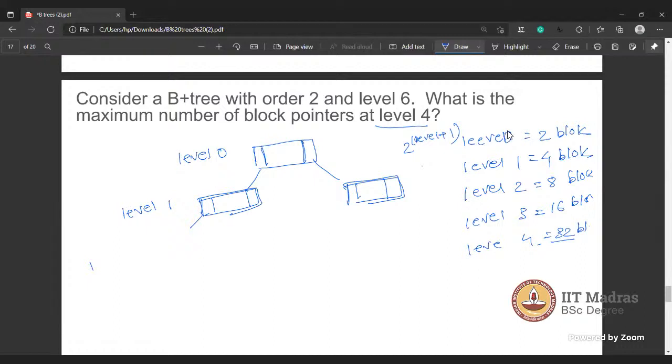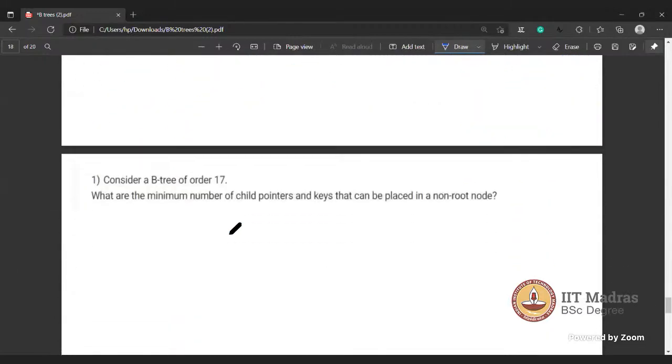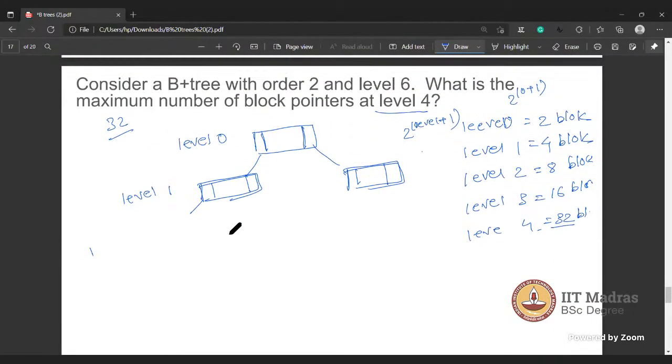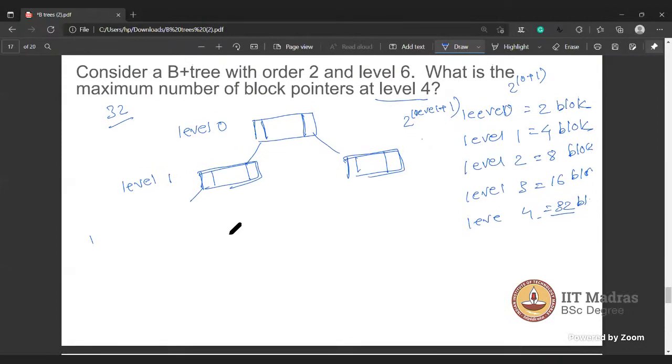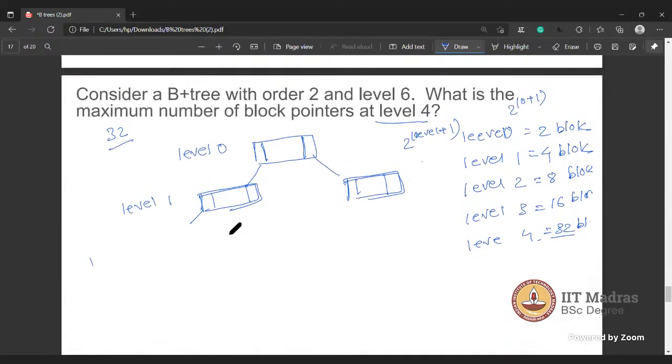So level 0 means to the power 0 plus 1, level 1 means to the power 1 plus 1. So what is the answer? 2 to the power 5, that is 32. The general formula is order to the power level plus 1. Yes, that is the right formula: 2 to the power level plus 1, 2 to the power 5, that is 32.